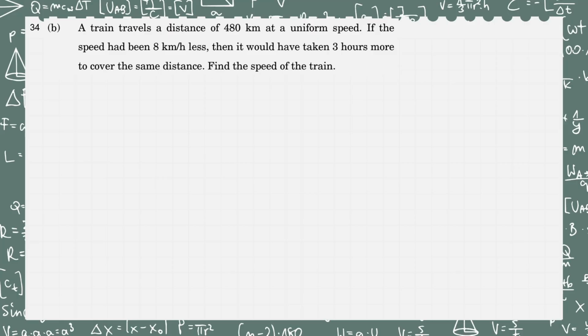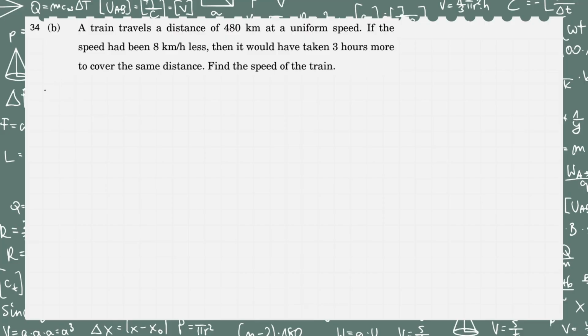And in this scenario, since the speed is reduced, the time taken will be more than the previous case, right? So whatever was the previous time, that plus 3 will be the new time taken, and the distance will be the same, right? The 480 kilometer will be the same. There is no difference in that. Now we need to find the speed of the train, and this is also based on quadratic equations. Now let us try to solve this.